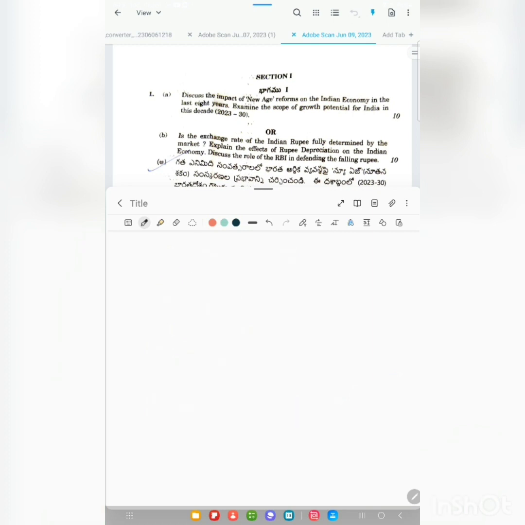Now the second part of the question was: explain the effects of rupee depreciation on the Indian economy. You don't have time, so you just put the side heading, rupee depreciation and its effects. There will be two types of effects.